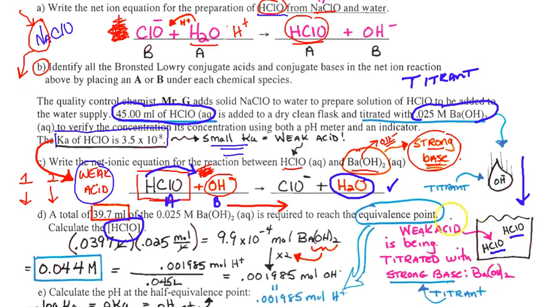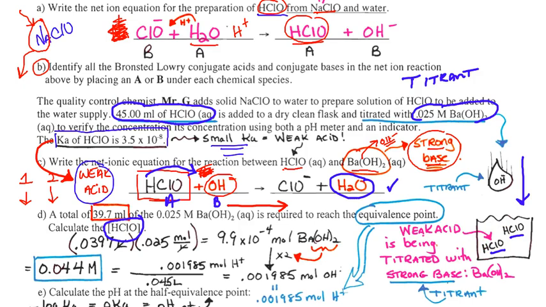The weak acid, because I added the acid to a dry flask and I'm titrating with the base. You've got to be able to figure that out because people got this all backwards. So I'm adding a standard base to this acid.